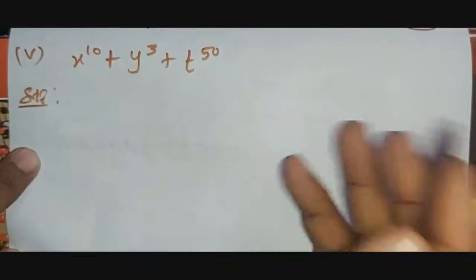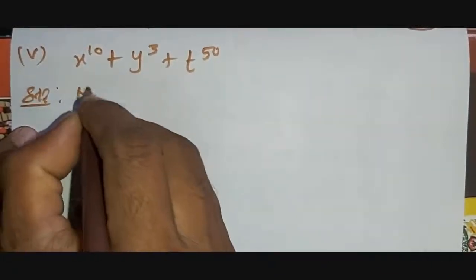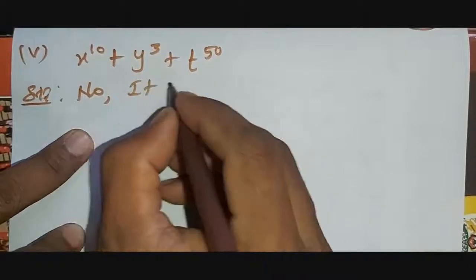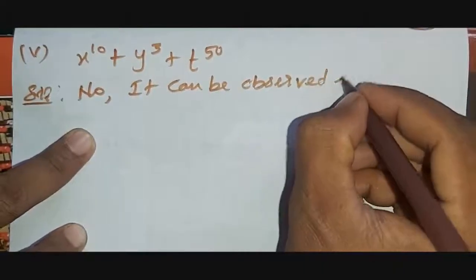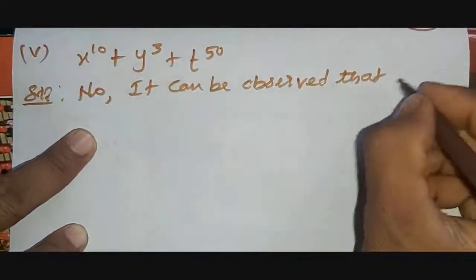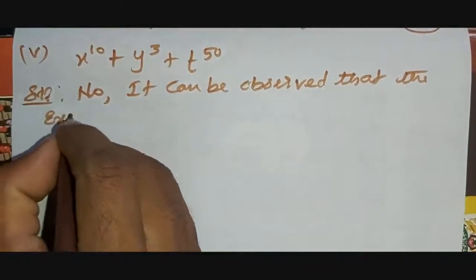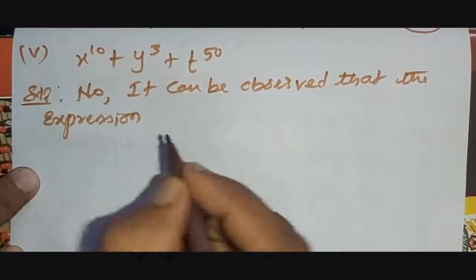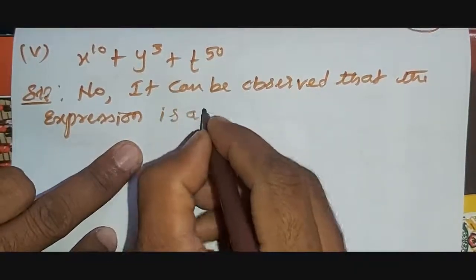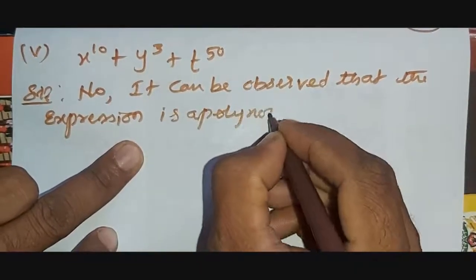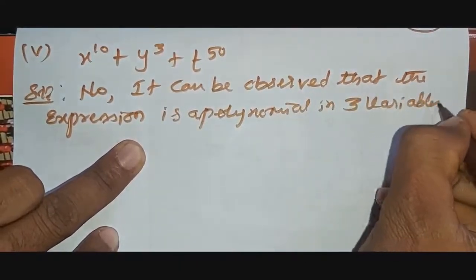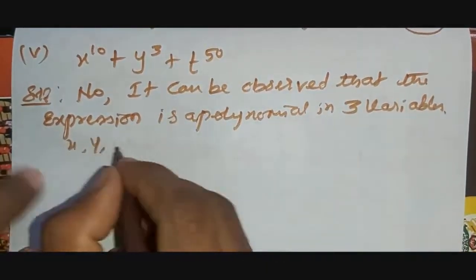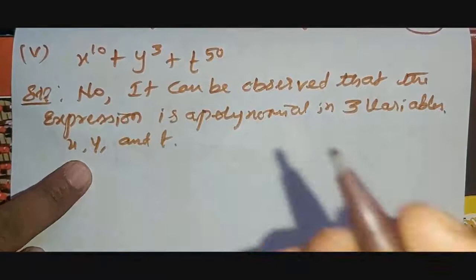Fifth one we have x to the power of 10, y to the power of 3 plus t to the power of 50. Here we have 3 terms, and all 3 are variables. Solution: this answer is also no. It can be observed that the expression is a polynomial in 3 variables x, y and t.